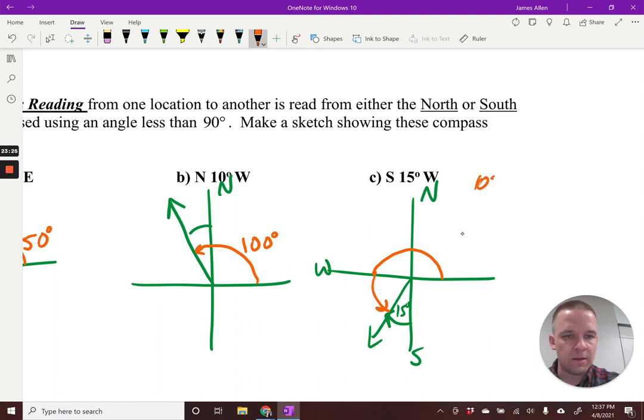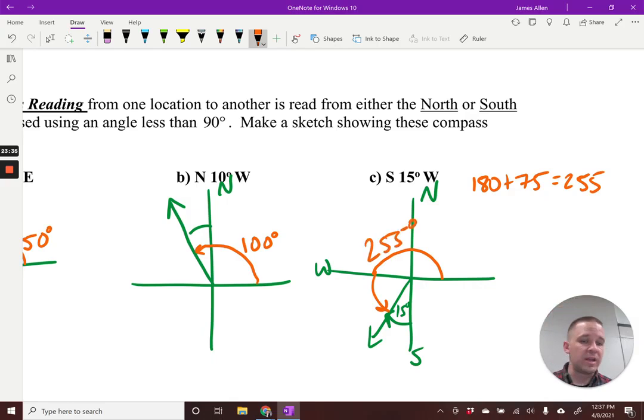So that's 180 plus 75, that's 255. So if I'm doing any calculations, that's what I'd be using in my calculator with that cosine and that sine to help me figure things out.